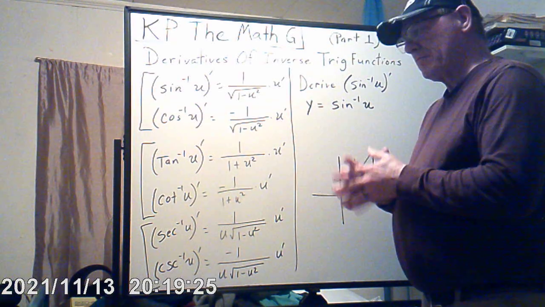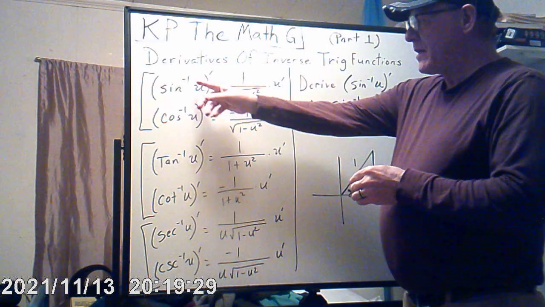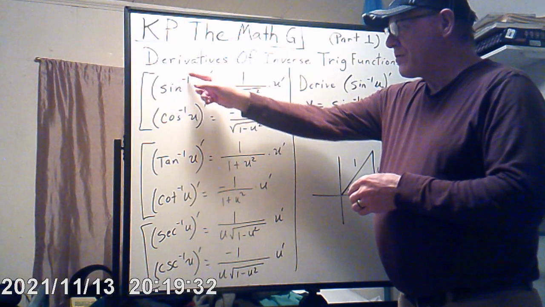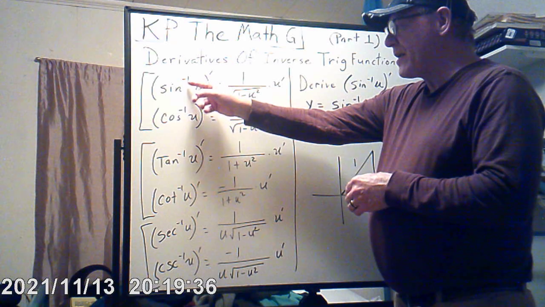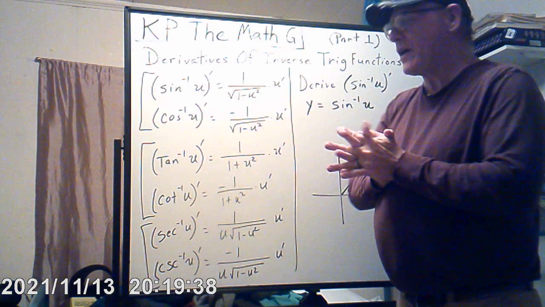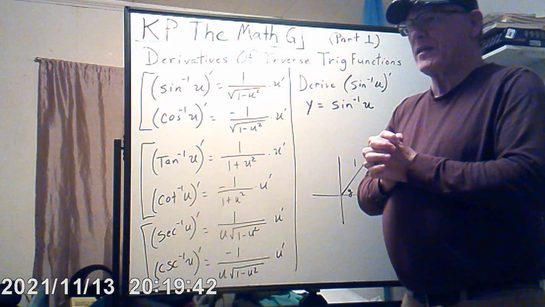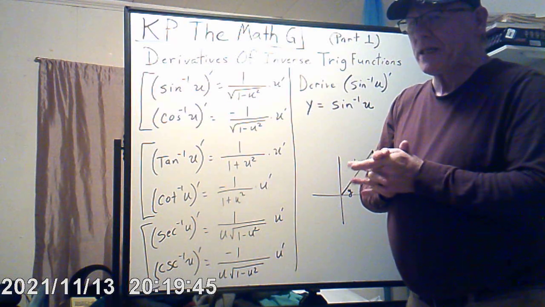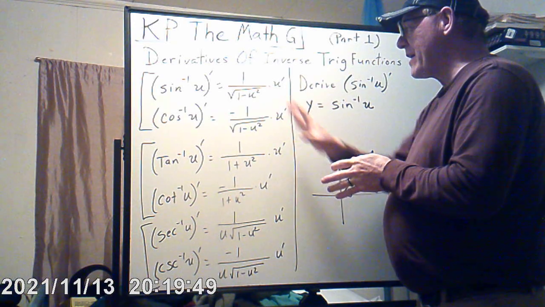And then again, it could be sine inverse. This is not the same as 1 over sine, which is cosecant. It's just sine inverse. Some people use arc sine, arc cosine, arc tangent, and so on. I will use these interchangeably on the next lesson, and I'm going to leave these up here.